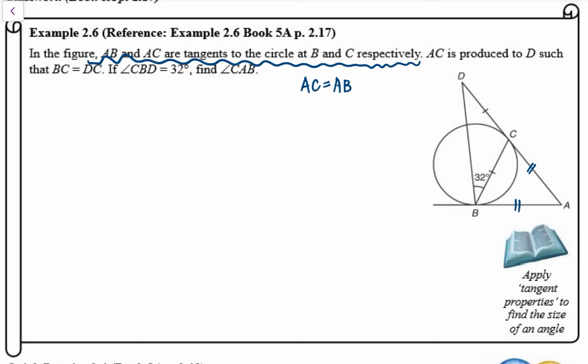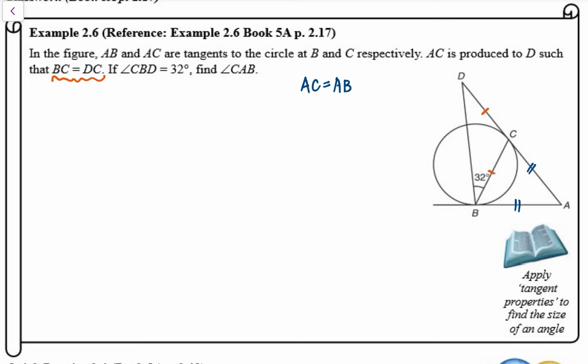So we'll make use of that later. And we also know that AC is produced to D. So AC is made longer to point D such that BC equals DC, which already has been marked in the figure.